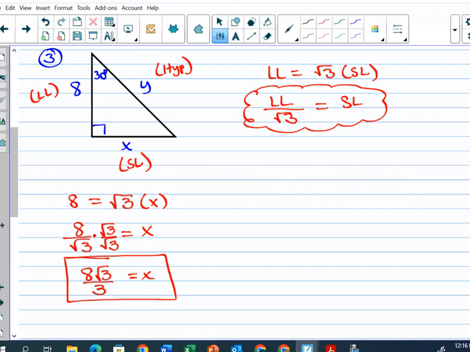Once you have the short leg, you always need to find the short leg first, then you can find the hypotenuse. You just need to take 2 times the 8√3 over 3. Remember, your 2 is over 1. So it is 16√3 over 3.